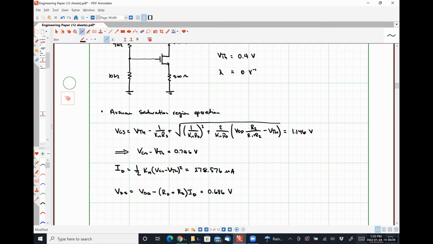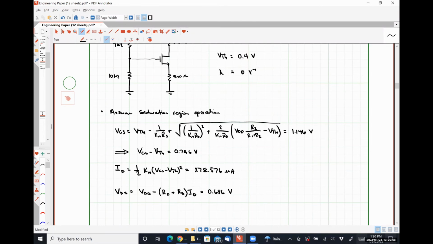No, I didn't give you guys enough time to really throw this in your calculator and verify anything, but this is what my MathCAD sheet gave me, so I'm sticking with it. So, Jacob, is our assumption of saturation region operation correct? I disagree.